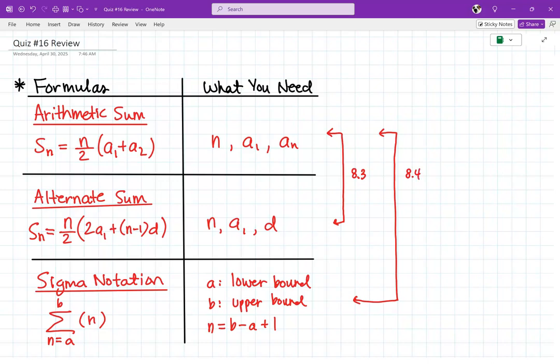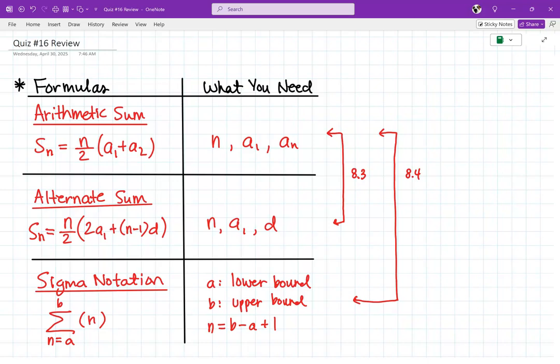Notice how 8.4 omits the middle equation, right? We don't need that one, but you do need the first one and the last one. The most important equation to know is the first one, because you can see it's used in both. But it just depends on which section you're doing your homework in.